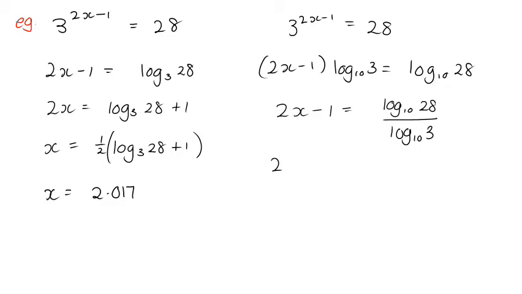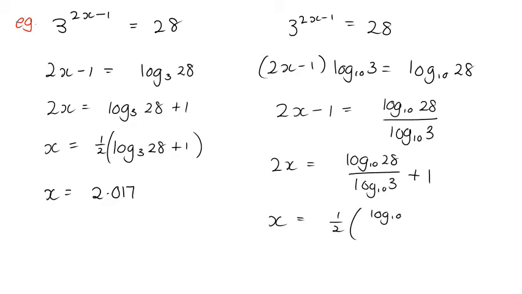And then we can add 1. And then divide by 2 or times by half. And you'll see that you get exactly the same number as before, so 2.017 on the calculator.